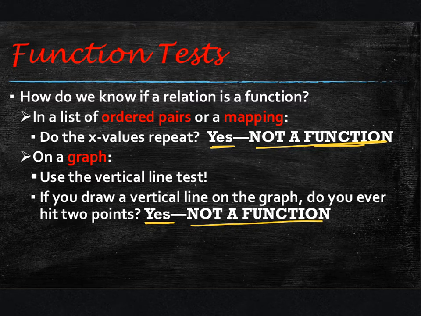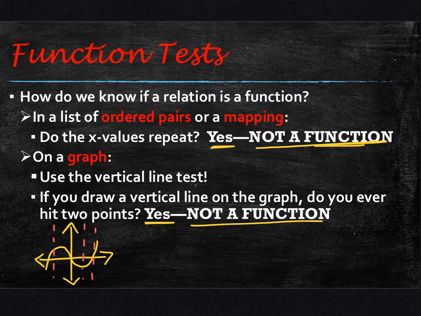So an example would be like this. If I have this coordinate plane and I draw this, would that be considered a function? Well, again, if you draw a vertical line, it can only hit 1 point every time you draw a vertical line. So every vertical line that I draw, you can see it's always going to just hit 1 point.